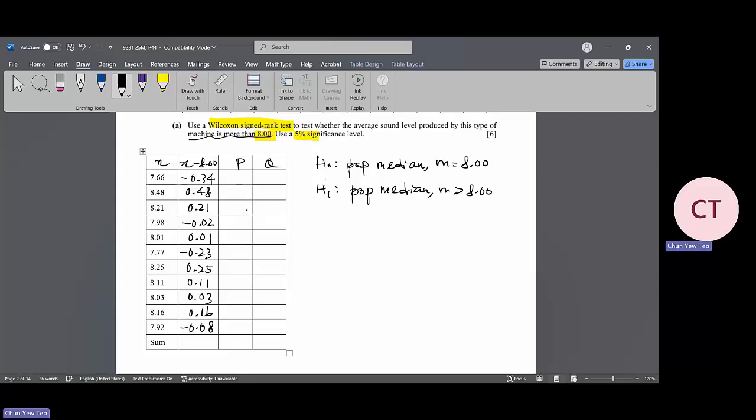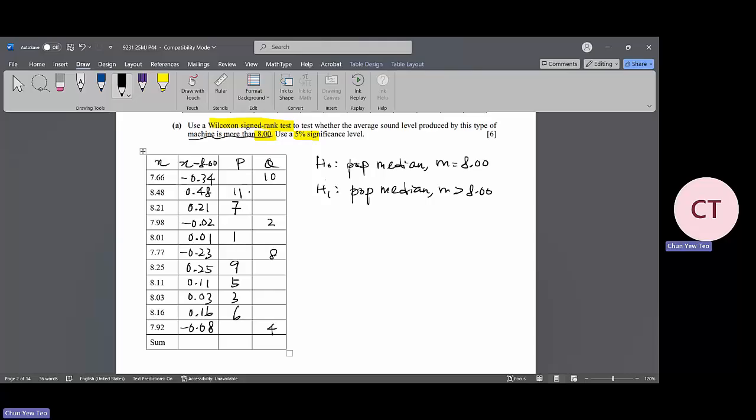So you use rank 1, and then 2, and then 3, and then 4, and then 5, 6, 7, 7 is here, 8, 9, 10, and 11 is over here.